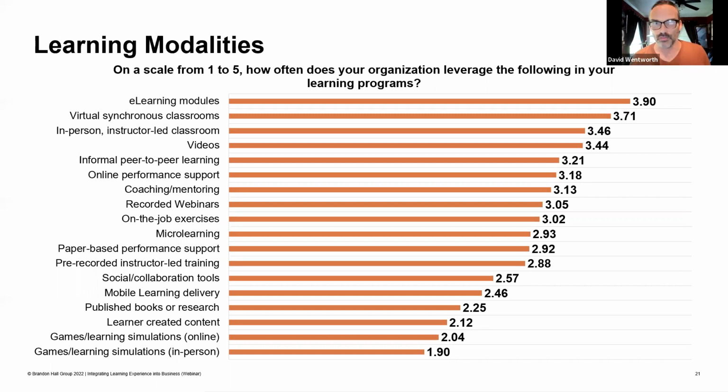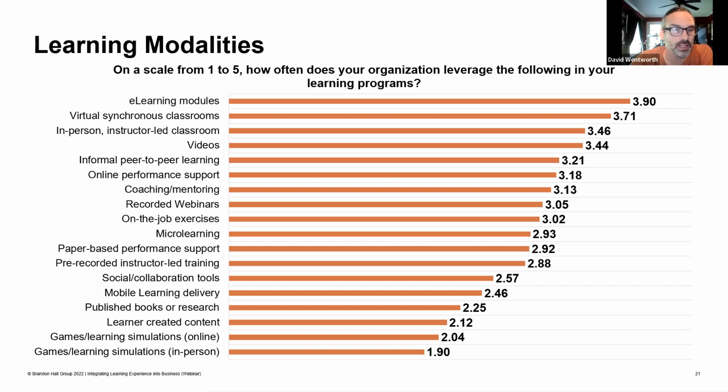So this has just sort of been a realignment of our reality. But the fact of the matter is, and rightly so, ILT is still up there at the top. I think it's going to always be an important piece of the learning experience. I just hope that we do it differently now that we've had this time to reflect on what life is like without it.